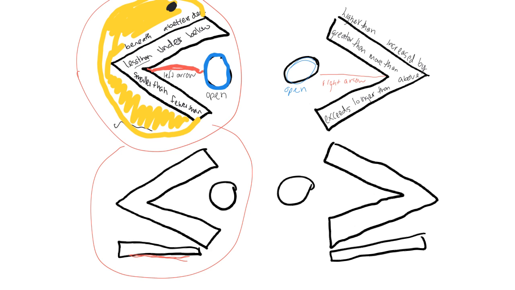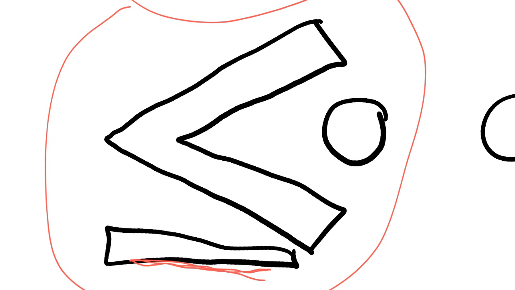It means less than or equal to. That's an equal to bar. So let's write that in: less than or equal to. And it's really a lot of the same words.